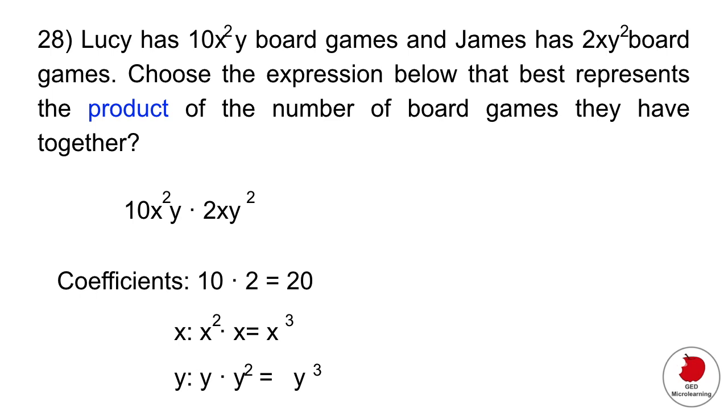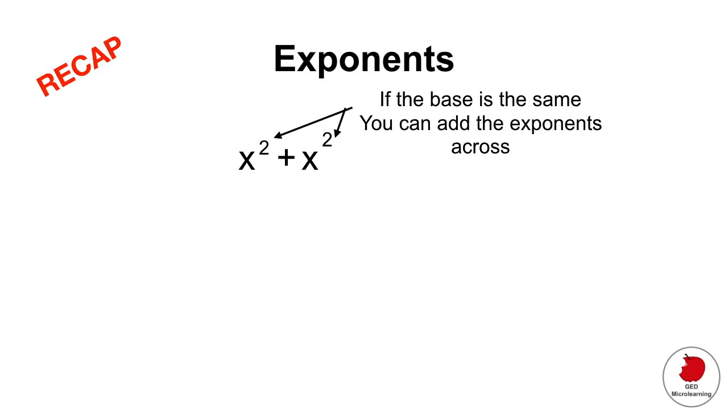So we're going to change gears quickly here and remind ourselves of how you deal with exponents. Whenever you have a situation, for example, like here, where the base number, in this case x, is the same, all you have to do is add the exponents across.